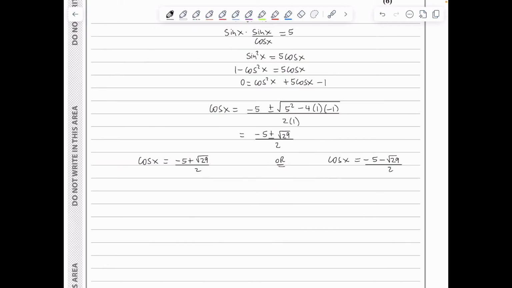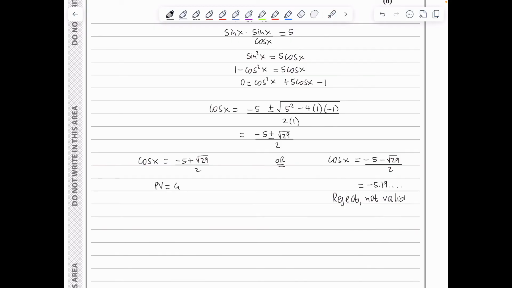Well, for this second solution, numerically it's minus 5.19 dot dot dot, and we know that the cosine of x attains values between minus 1 and 1, and therefore we reject this solution because it is not valid, and the only solutions will come out of cos x being minus 5 plus root 29 over 2. So we'll start by finding the principal value.